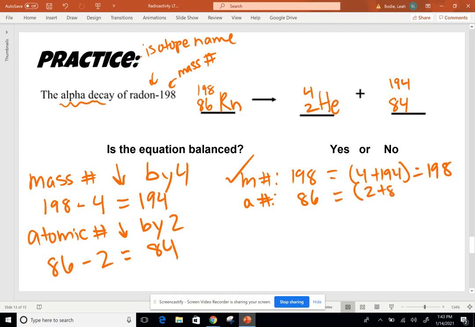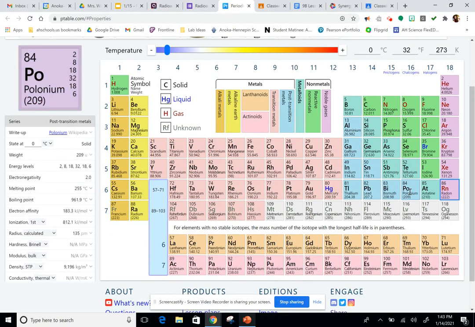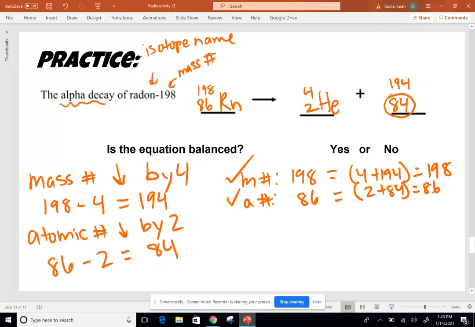So 2 plus 84, that equals 86, and perfect. Those are balanced. So now let's go to the periodic table and see which element has an atomic number of 84. And I can see it's polonium there, Po. And there we have it, our alpha decay of radon 198.